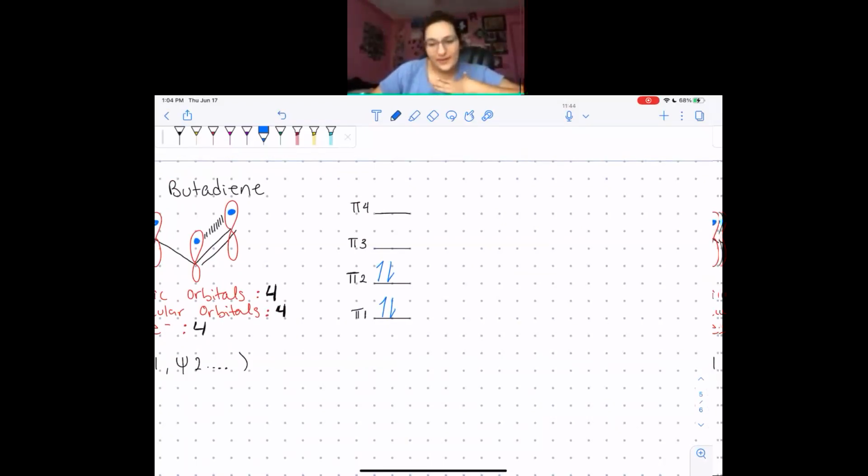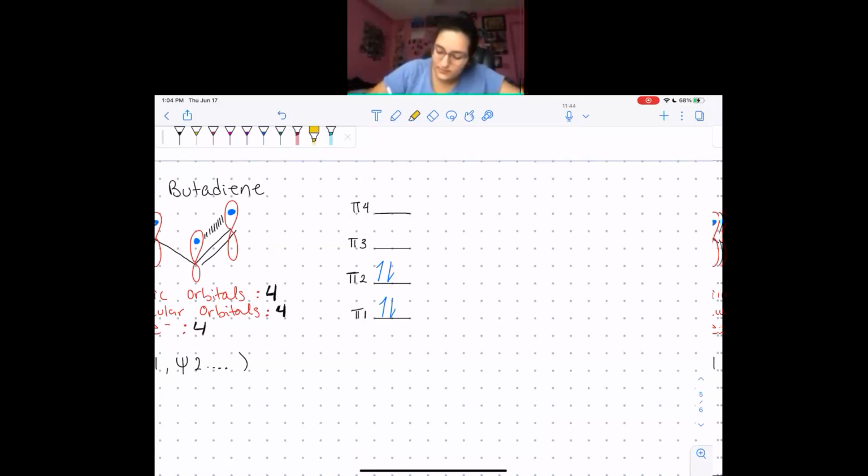How I like to think about it is we take the number of energy levels, and here we have 4, right? And you always have to have the same number of bonding and anti-bonding orbitals. So we're always going to just take this and cut it in half, and anything below the half line is bonding, anything above the half line is anti-bonding.